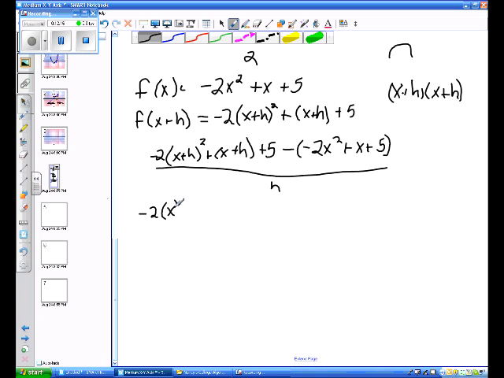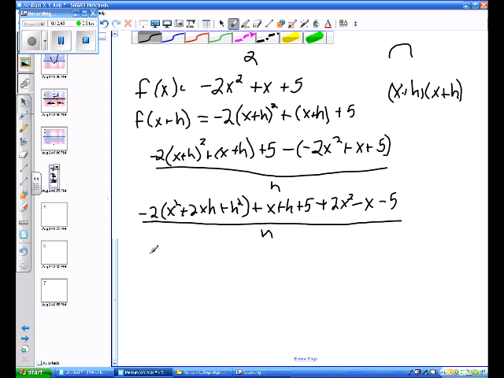So it's x squared plus 2xh plus h squared. Let's remove these parentheses, x plus h plus 5. Then it's going to be a plus 2x squared minus x minus 5, all over h.